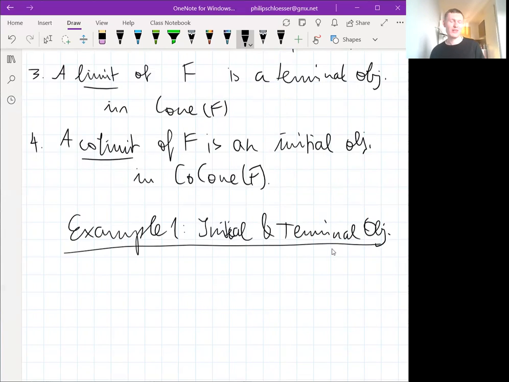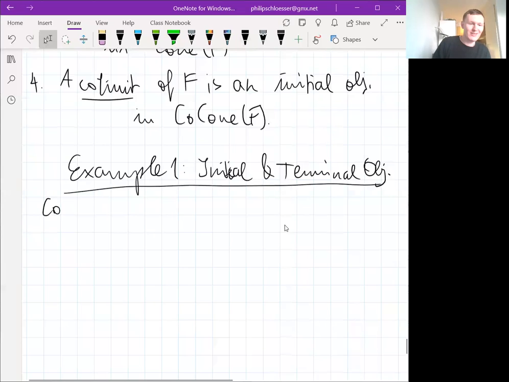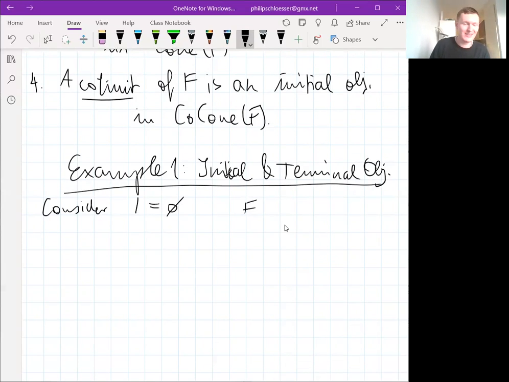Because, of course, if I bring an example, I will first bring the trivial one. Consider our category I to be the empty category, and F the unique functor from the empty category to C. The empty functor, I guess.